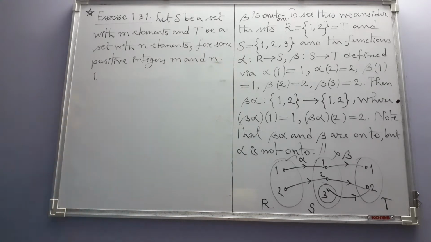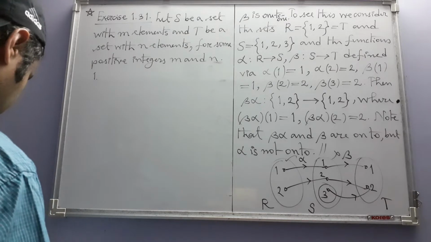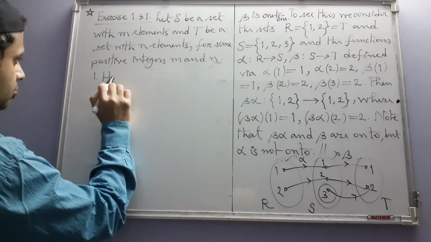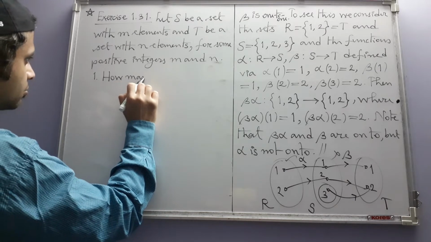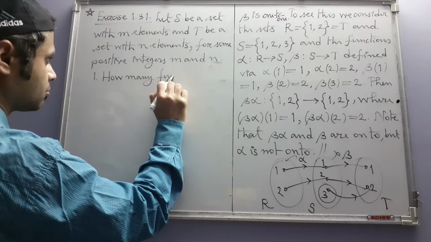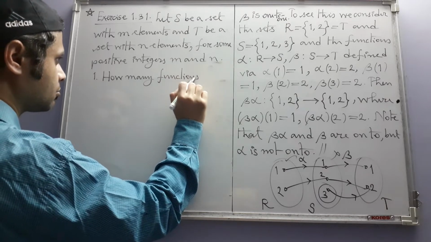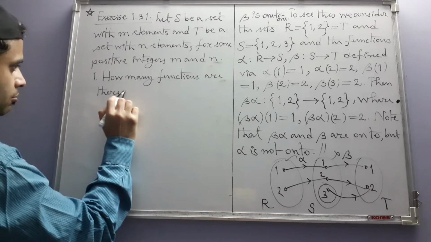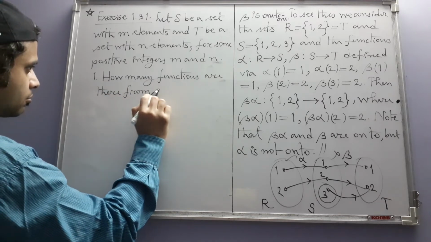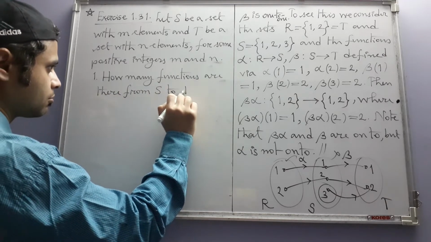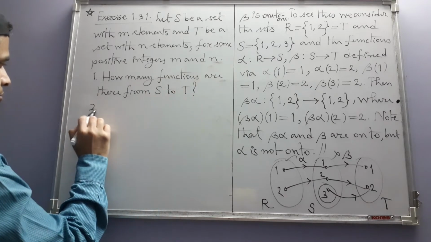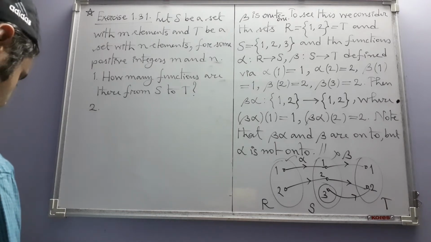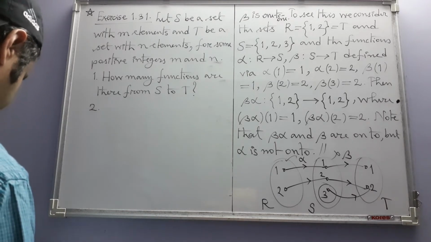Now there are two parts. How many functions are there from S to T? And in part 2, how many of these functions are one to one?